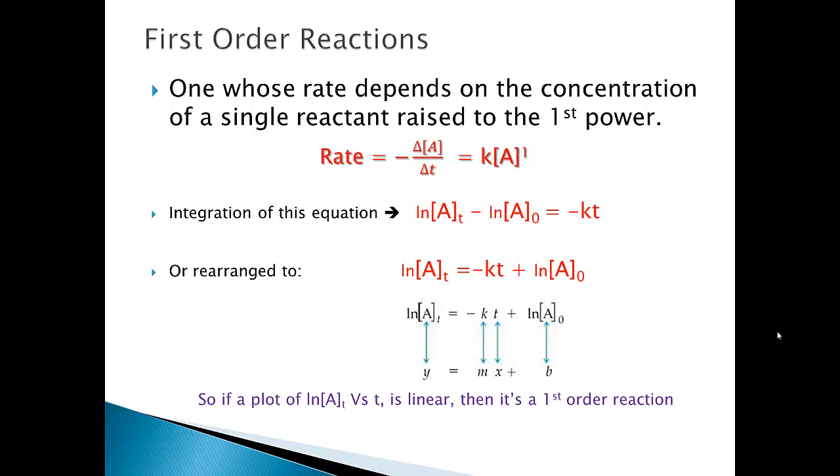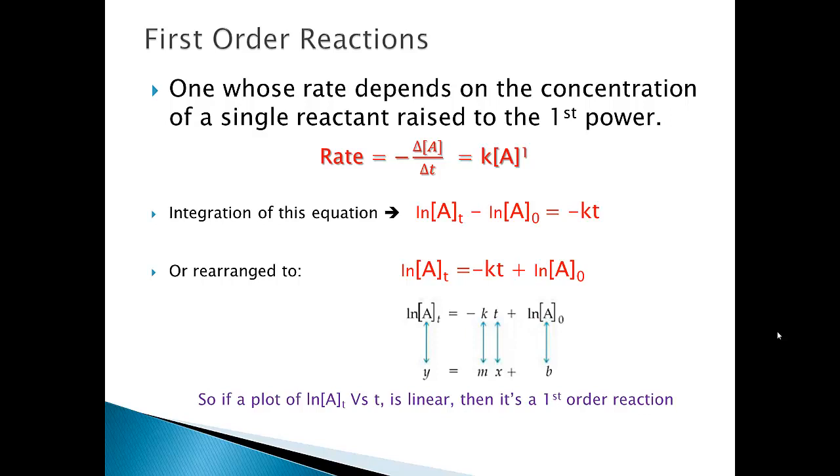If we integrate and rearrange, and you won't have to do this from scratch, we get the natural log of the concentration of the reactant at time t equals negative kt plus the natural log of the initial concentration of our reactant, and this is in the form y equals mx plus b. So if a plot of the natural log of our reactant at any given time versus time is linear, then it's a first order reaction.